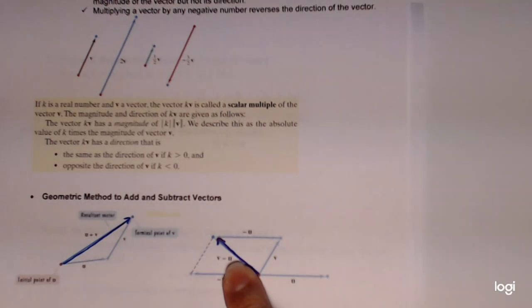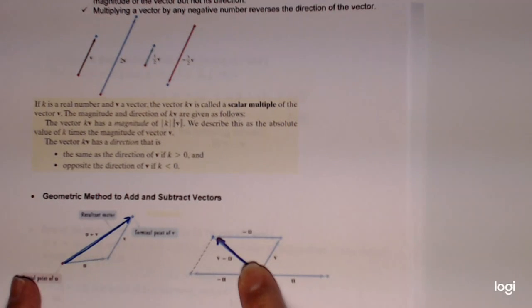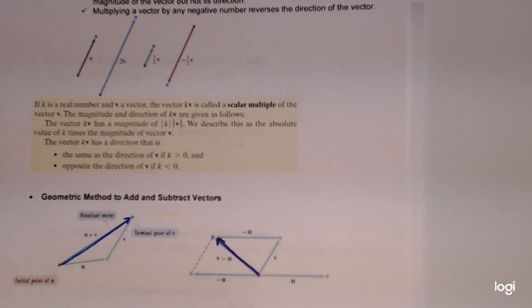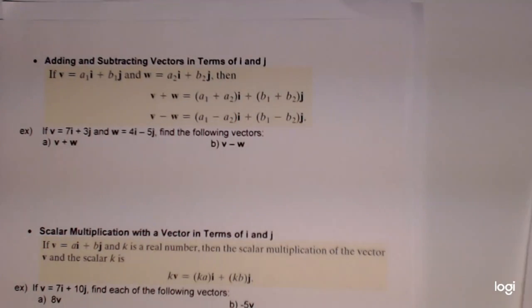If you're using vectors for forces, you can see the direction that these answers are going to be in. Taking a look at this now, just doing the algebra, if you will, and not considering the picture of it.